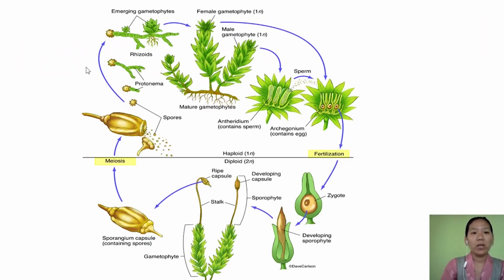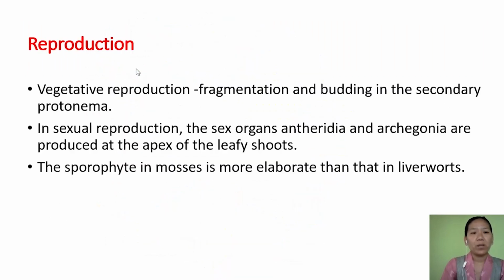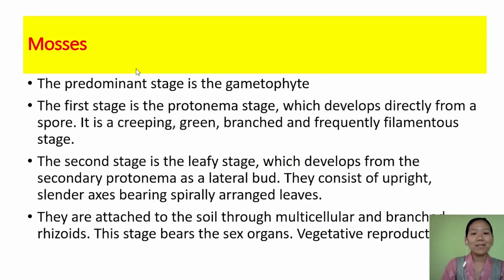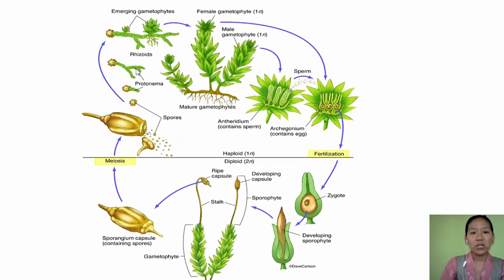The second stage is leafy, which develops from secondary protonema as a lateral bud. Looking at the structure, we have a leaf-like structure, a stem-like structure, and then rhizoids to hold onto the substratum, and each plant body bears male and female gametes.